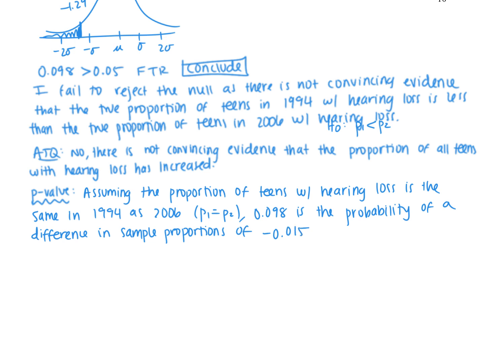How I did that is I took that 18% and I subtracted the 19.5%. So I took our two actual proportions and I subtracted them. The probability of this difference or smaller, since it's lower-tailed, by chance alone.